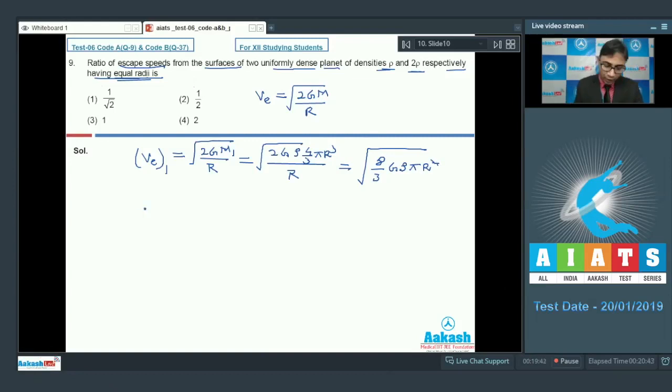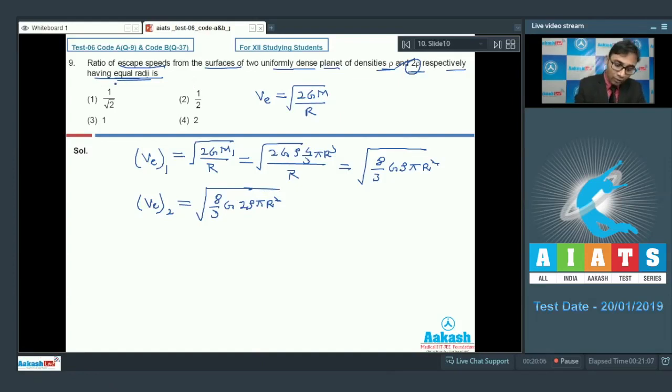Now if I calculate the escape velocity from planet 2, similarly, since the density is doubled, we can write root under 8 by 3 G into 2 rho pi R square. Everything remains the same, only the density changes and it becomes double. But what do we have to calculate?